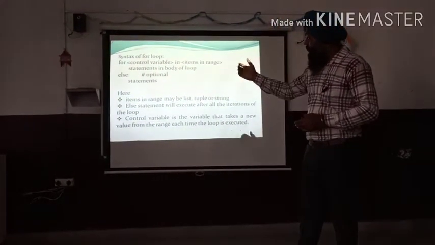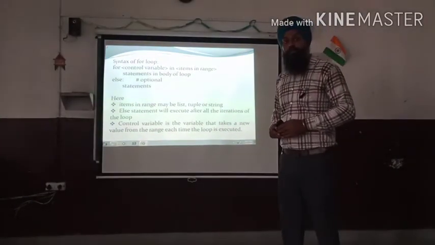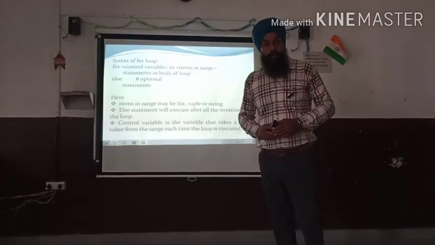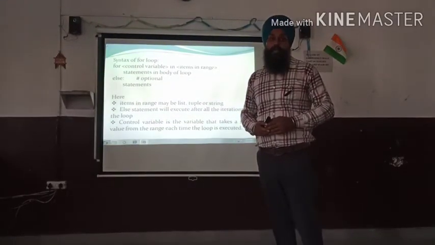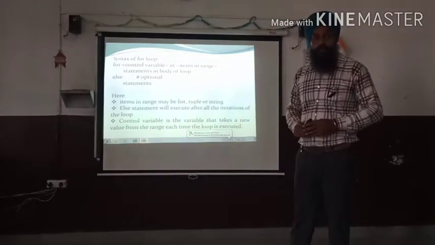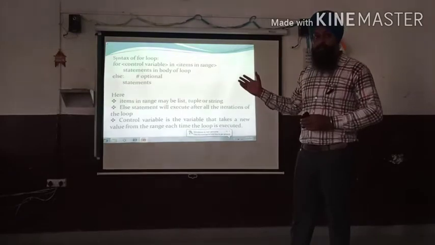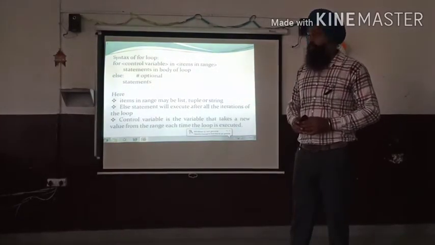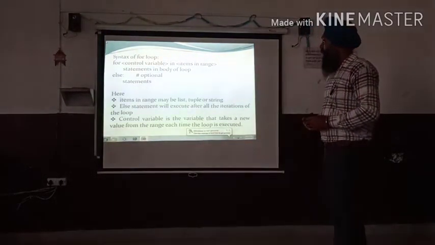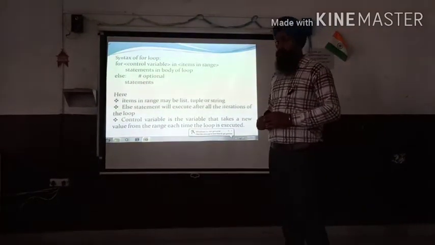Next we have the else part. The else part is optional. When the value of the control variable goes out of the range, at that time the else part will execute. The else part has its own statement or a block of statements. Here items in range may be a list, tuple or string.